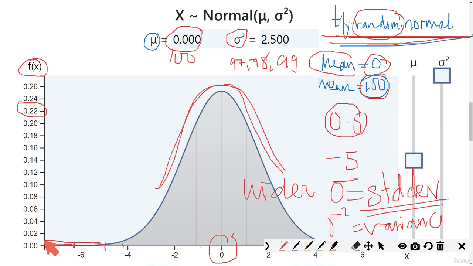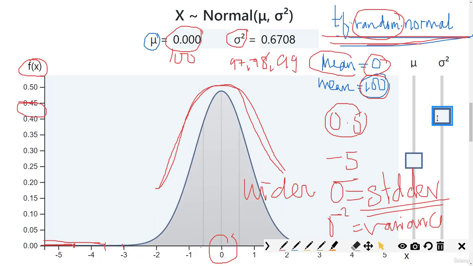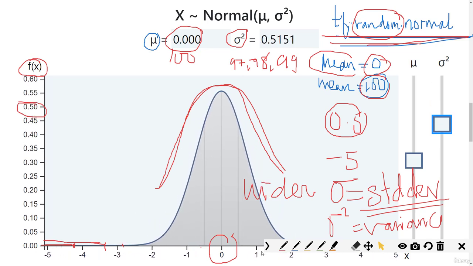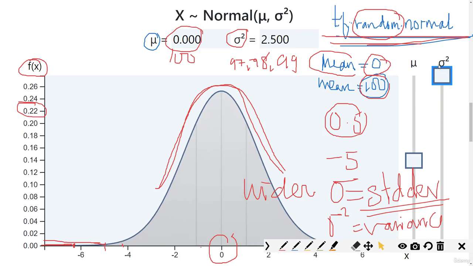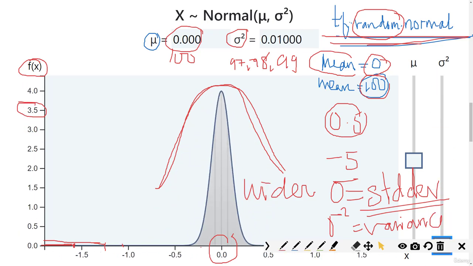So if this is -5 here, you see there's a slightly higher probability of -5 being picked as compared to when we reduce this. You see, when we reduce this, -5 here is practically 0, but when we increase, -5 is at least this time around having some negligible value. And so this is essentially the role that the standard deviation plays.